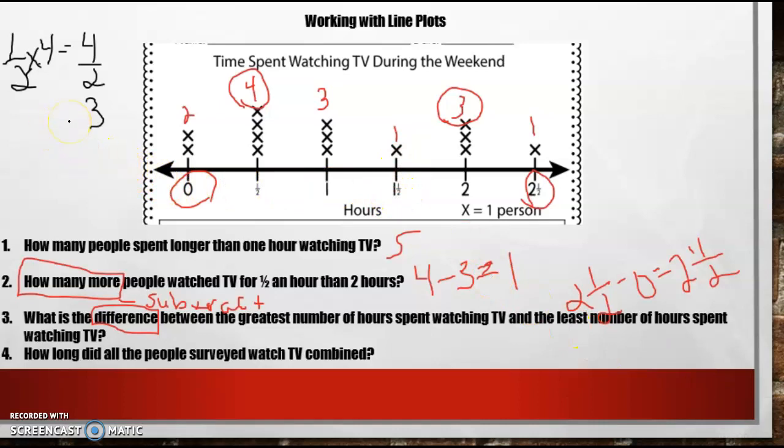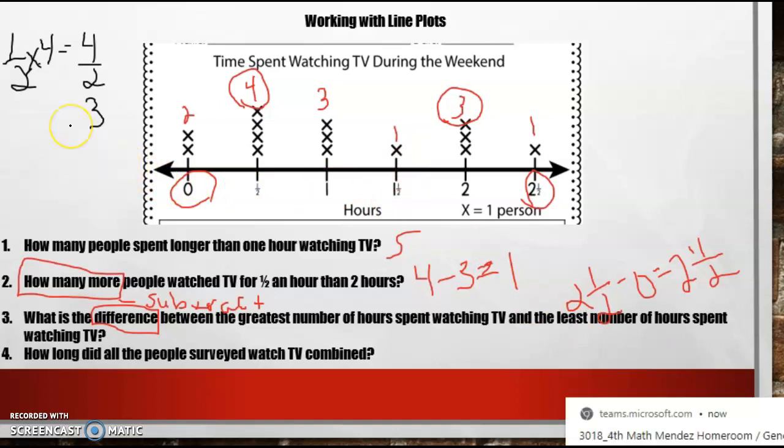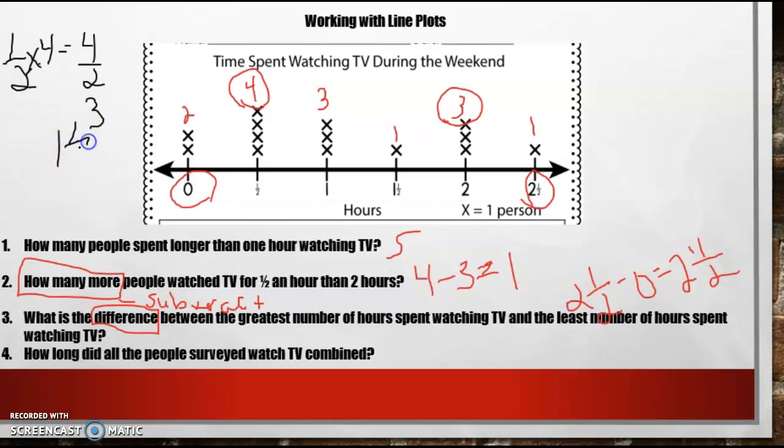So that's a 1.5. How many people spent 2 hours? 3. 2, 4, 6. How many people spent 2.5? 1. So that's 1, 2.5.